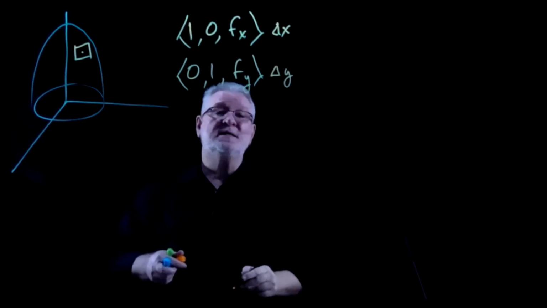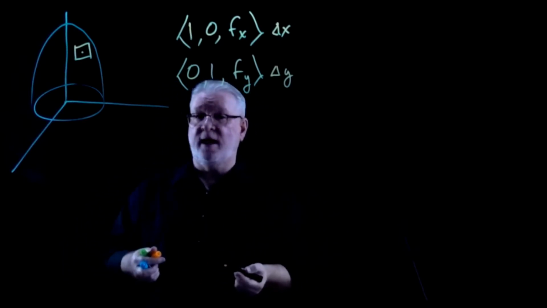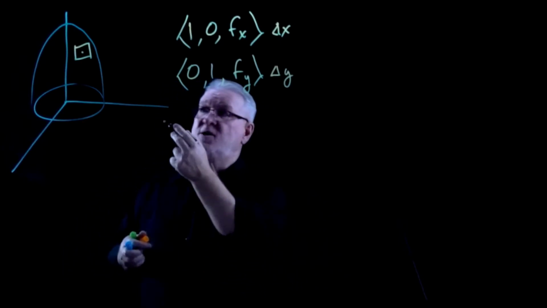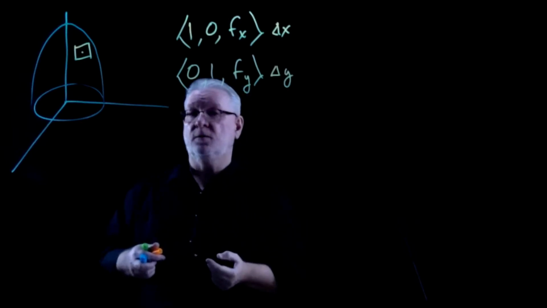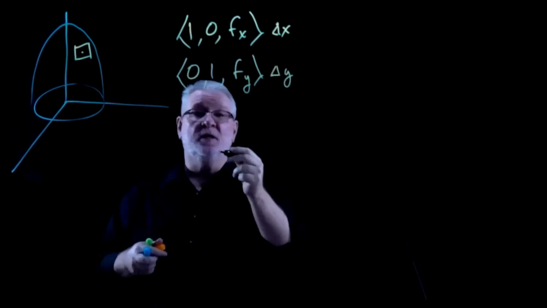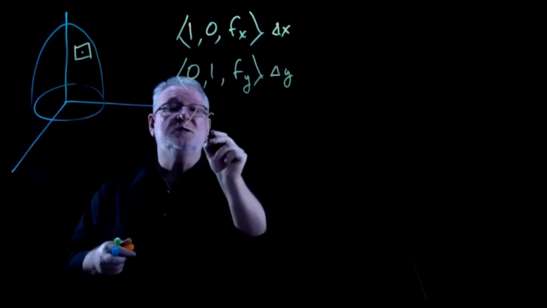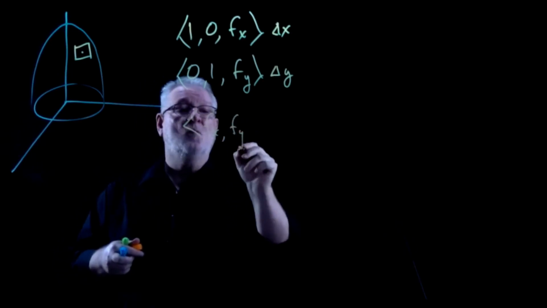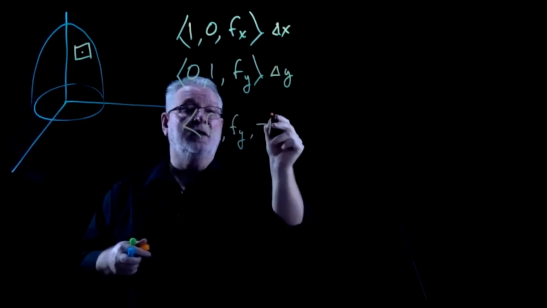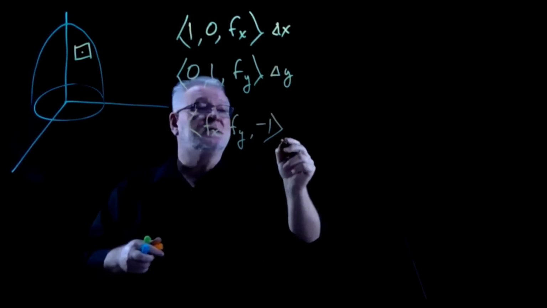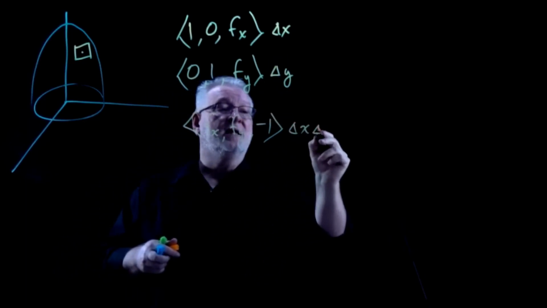Well, now let's go about taking their cross product. And of course, we've already done that because that was how we found the direction numbers for this particular plane. The cross product of these produces a new vector, which is fx, fy, and -1. And of course, it's still times delta x, delta y.